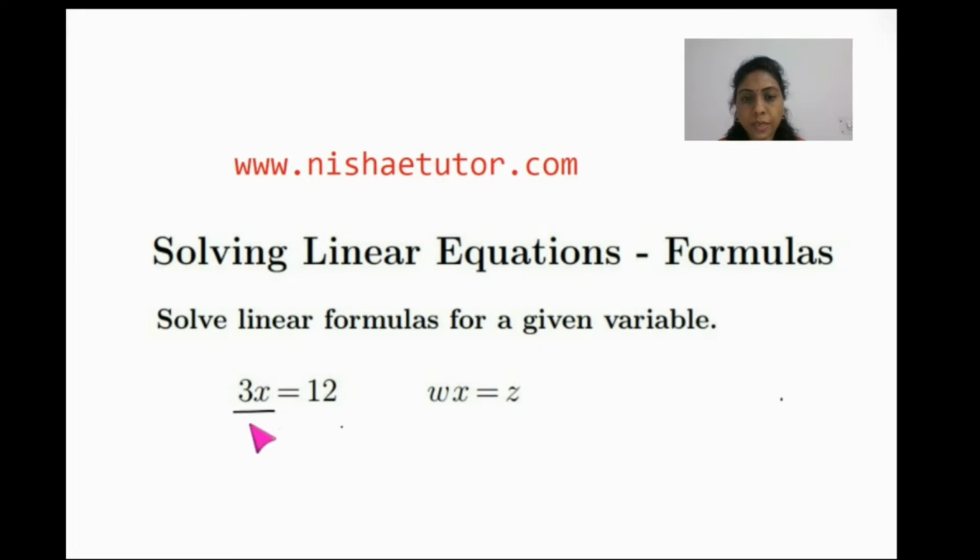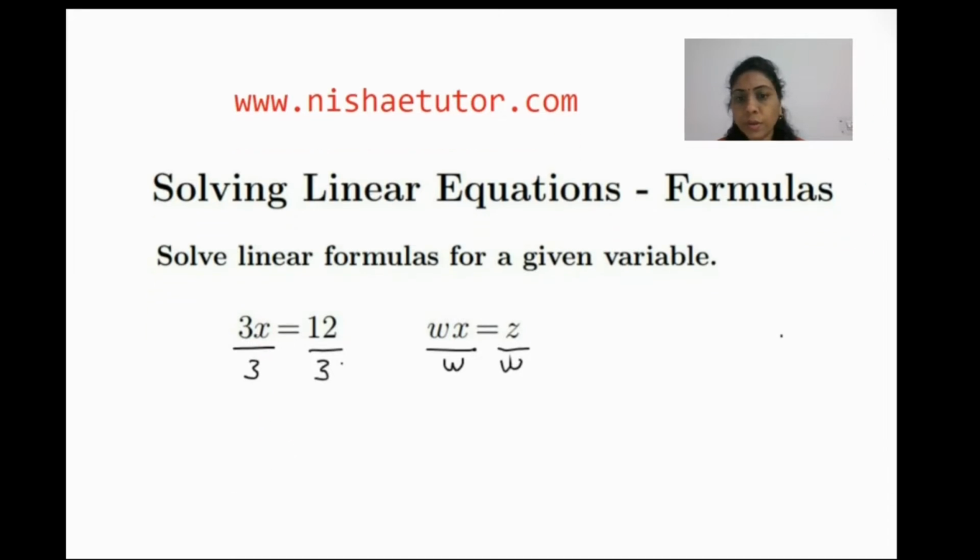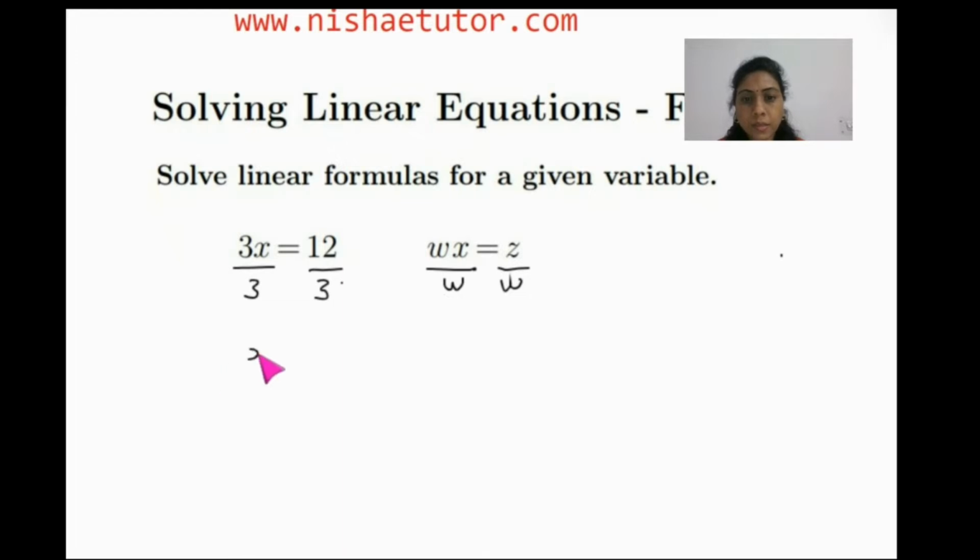So we can divide both sides by 3 to remove it, and both sides by w to remove w. The 3s cancel, so x = 12 divided by 3, which is 4, and x = z upon w.